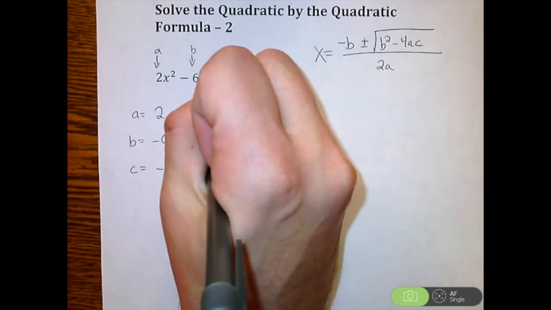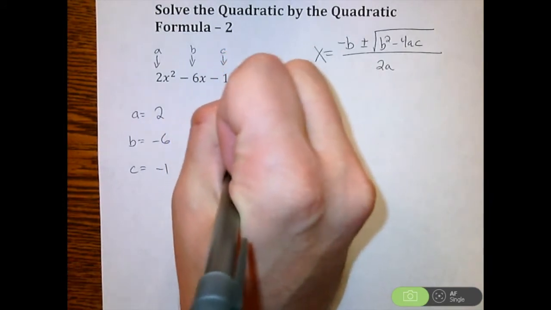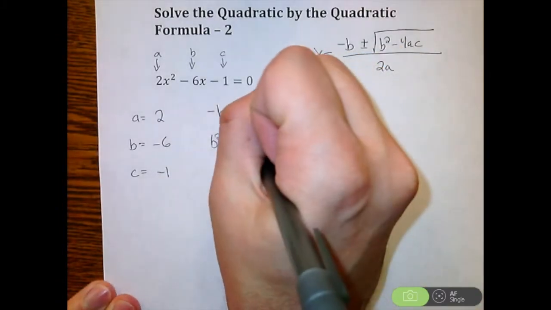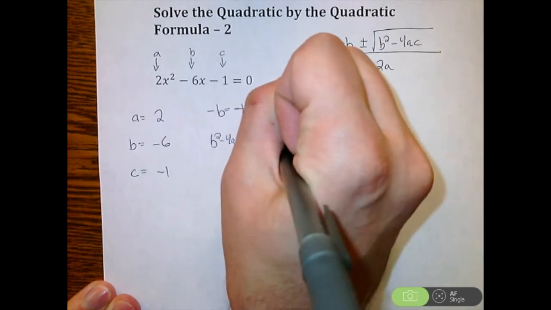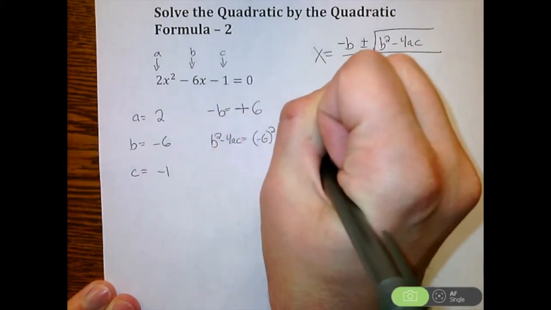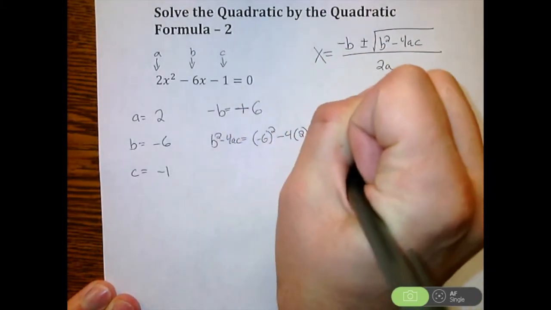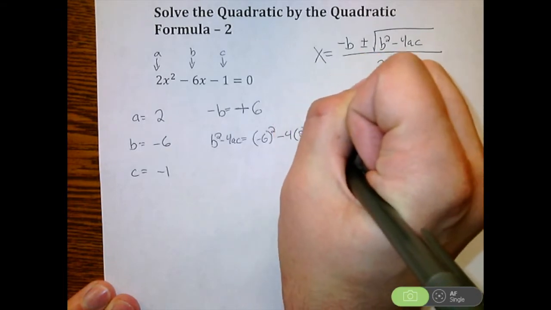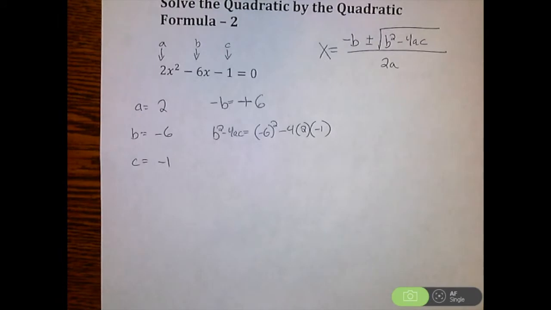Next thing I'm going to figure out is b squared minus 4ac. When I plug a, b, and c into that piece, I'm going to use parentheses. So I'm going to start with parentheses, negative 6 squared, minus 4 parentheses 2 parentheses negative 1. You can't do that in your head.